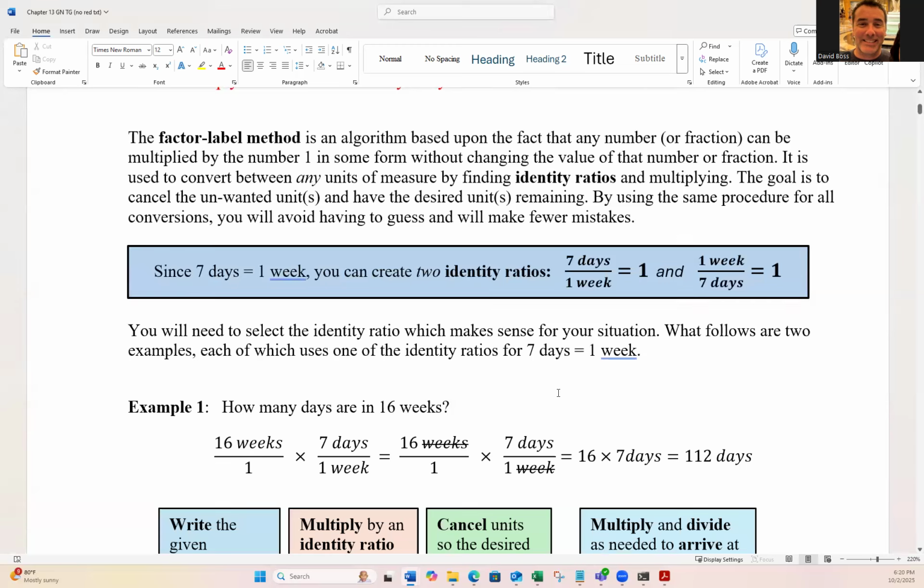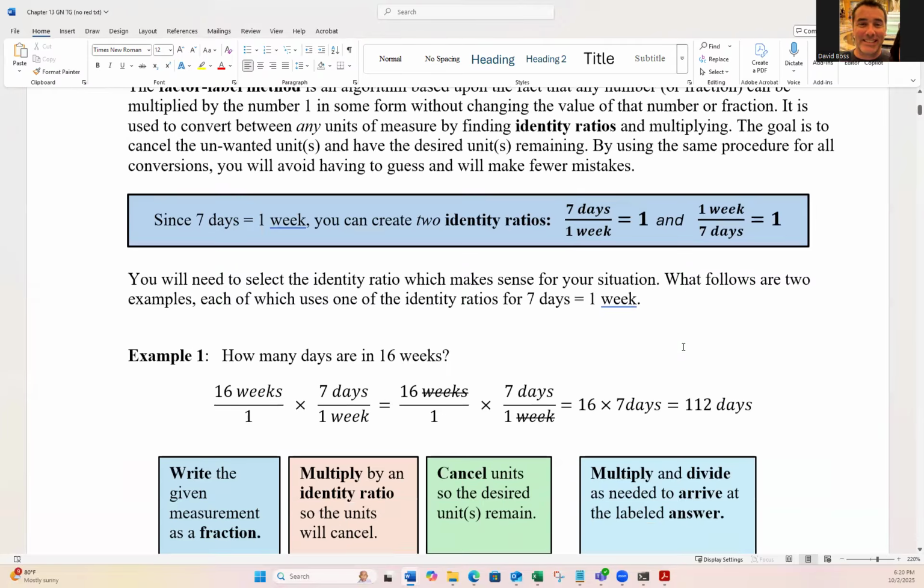Identity ratios are numbers that equal 1. 7 over 7 equals 1. 1 over 1 equals 1. 5 over 5 equals 1. So 7 days over 7 days equals 1, which means 7 days over 1 week also equals 1. And 1 week over 7 days also equals 1. Even though there are different numbers, 7 days over 1 week is still 1. You're dividing the same thing by itself, and that equals 1.